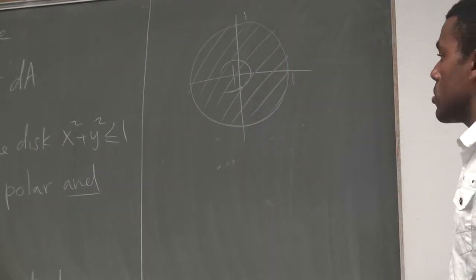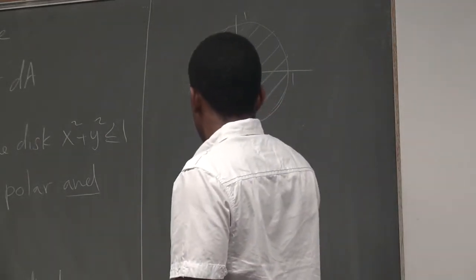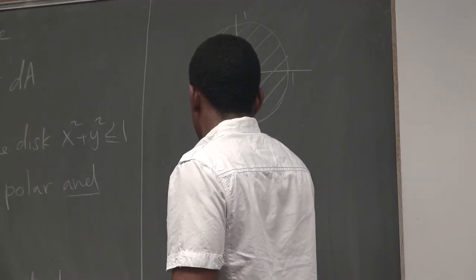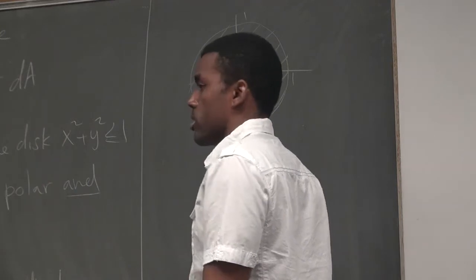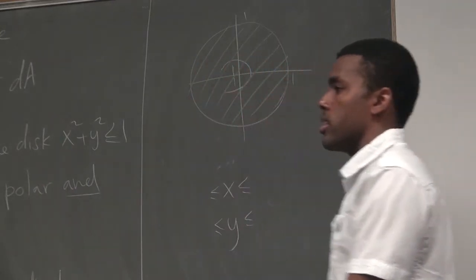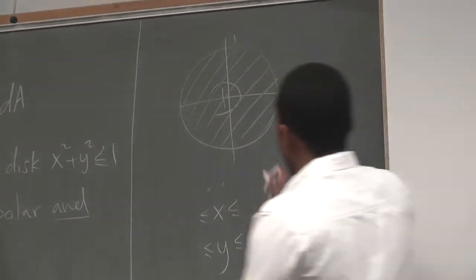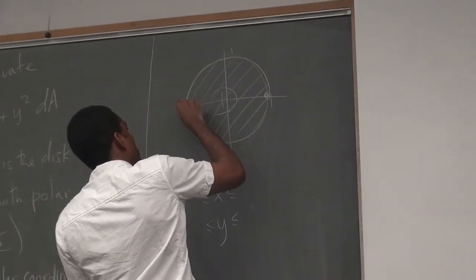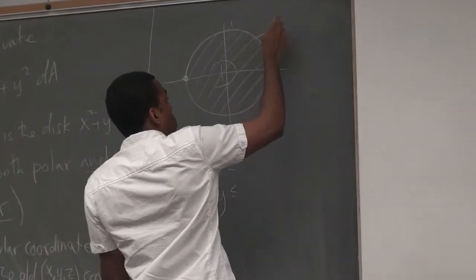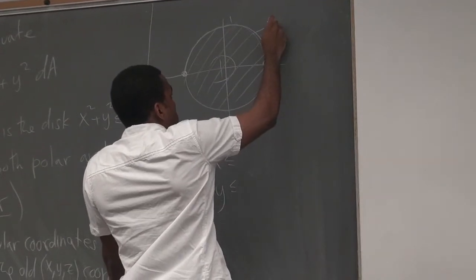I guess you'd have to split it into two regions, because it's not a function as it's written, because it doesn't pass the vertical line test. The natural way would be to split it along the top half of the circle, which you can write the equation to be what?